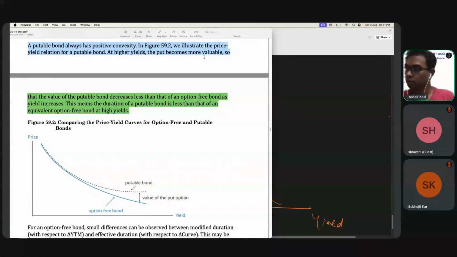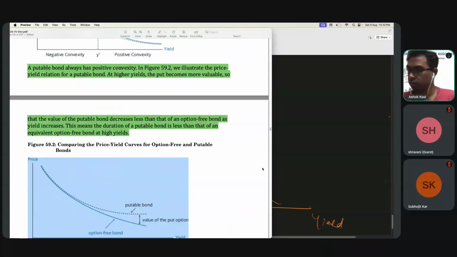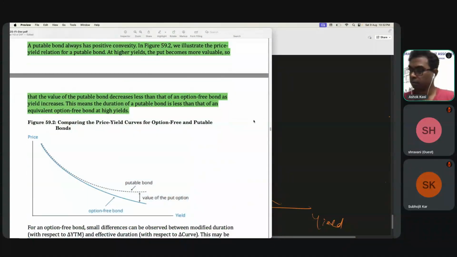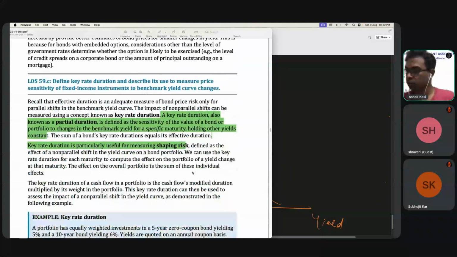Let's read all this. The next one, shaping risk.